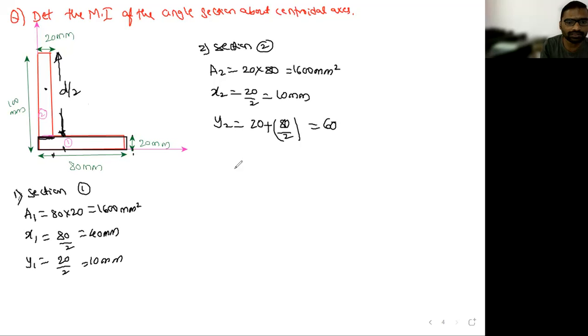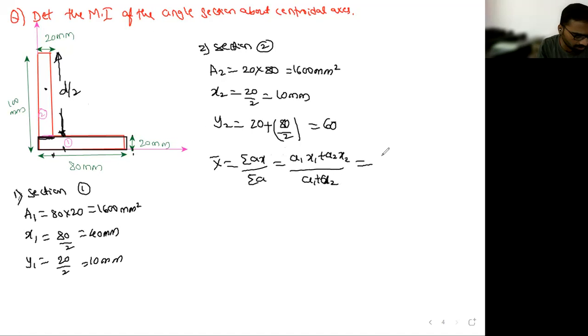Yes, sir. Now next, determine x bar. x bar is summation of ax divided by summation of a, that is a1 x1 plus a2 x2 divided by a1 plus a2.